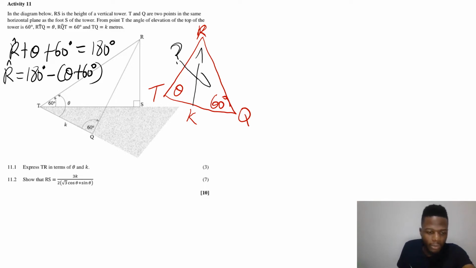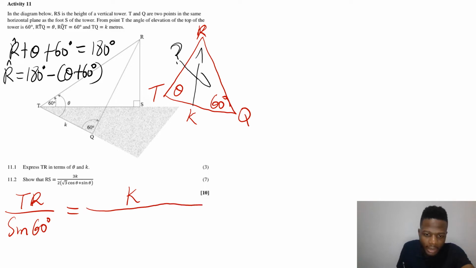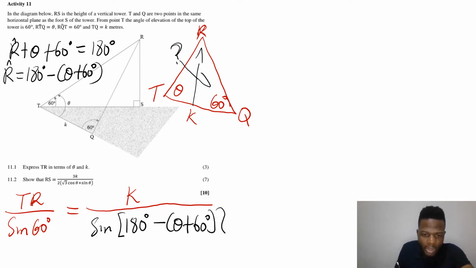Because we're looking for TR, I'm going to start with TR over sine of the opposite angle of TR, which is 60 degrees, equal to K over sine R, and angle R is going to give us 180 minus theta plus 60 degrees, or we can write 120 degrees minus theta. It's okay.